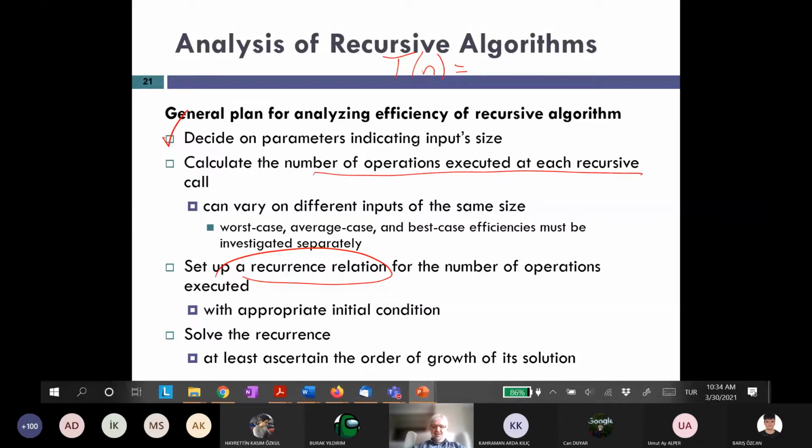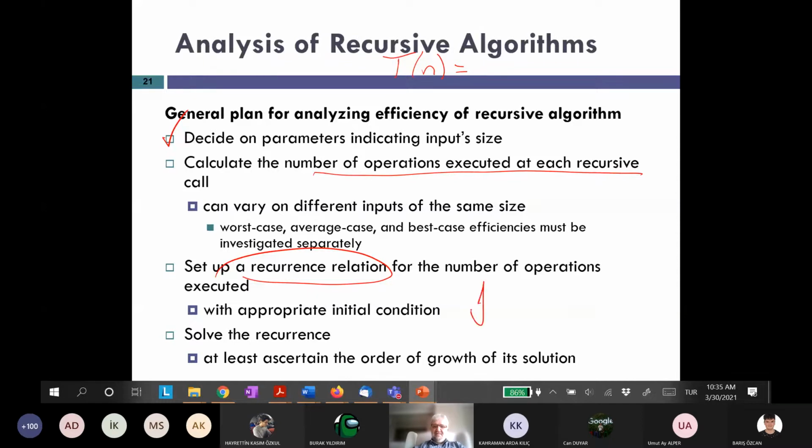What is a recurrence relation? Probably you have seen recurrence relations in a discrete math course. Recurrence relations are functions that are defined in terms of themselves.